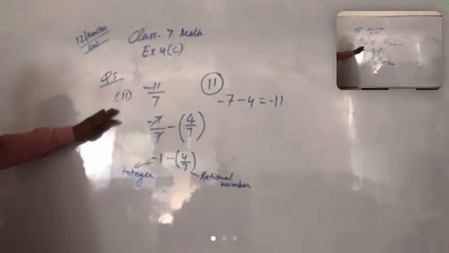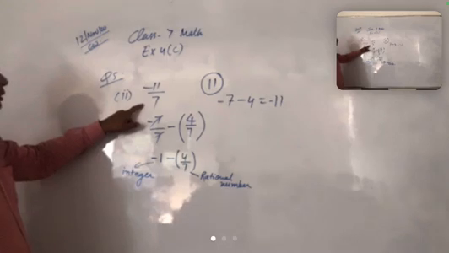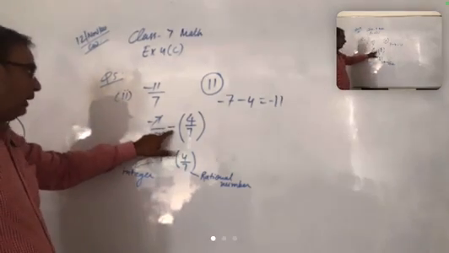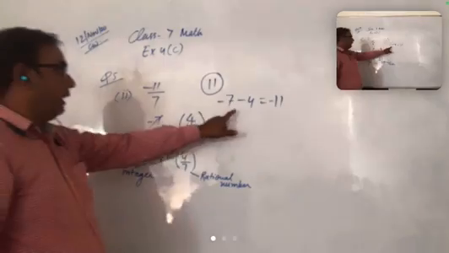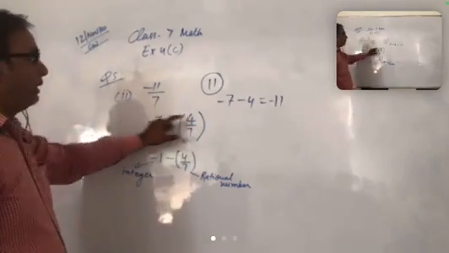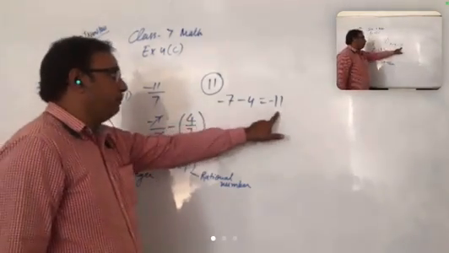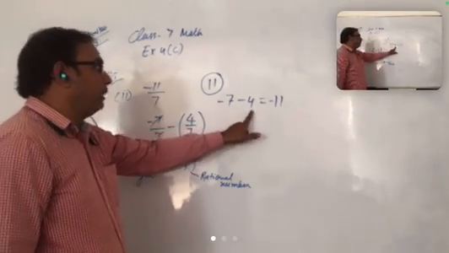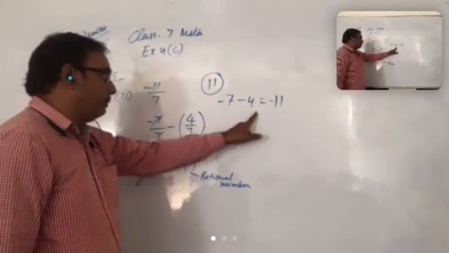Now question number 5, second part is minus 11 upon 7. First we have to write minus 7 upon 7, then minus. We check: with 7 upon 7 we have minus 7 and we need minus 11. So we have to write minus 4, because 7 plus 4 is 11 and minus minus is plus.